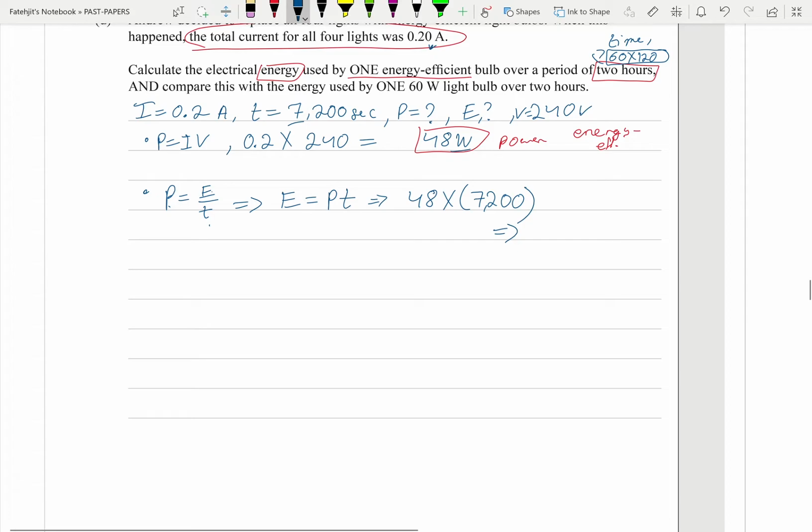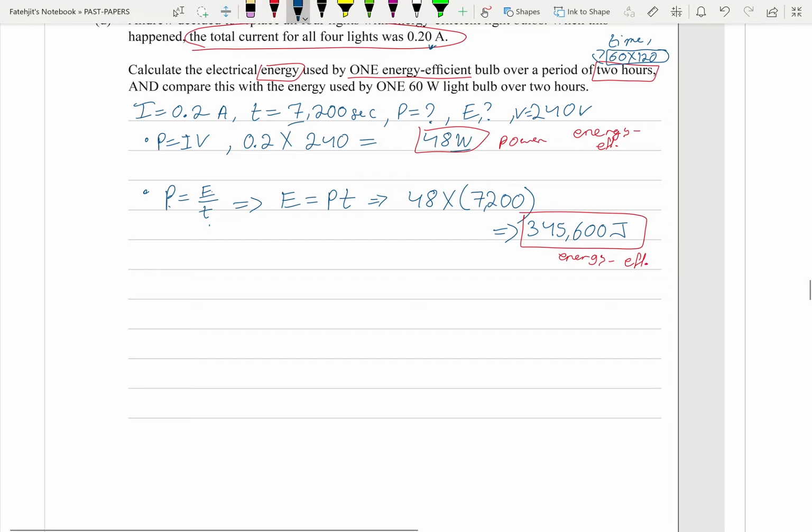Plugging that into your calculator gives us 345,600 joules of energy, and that is for the energy efficient bulb.